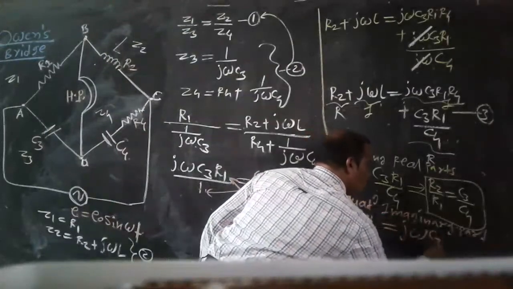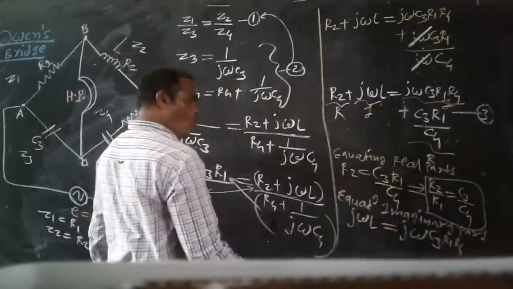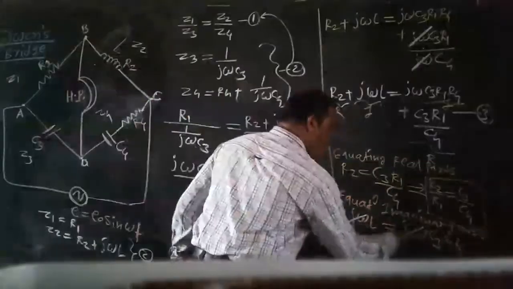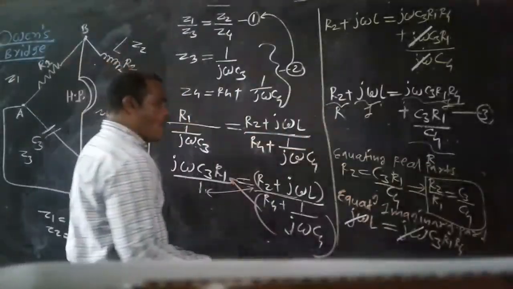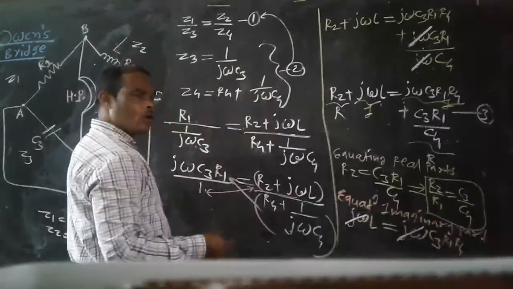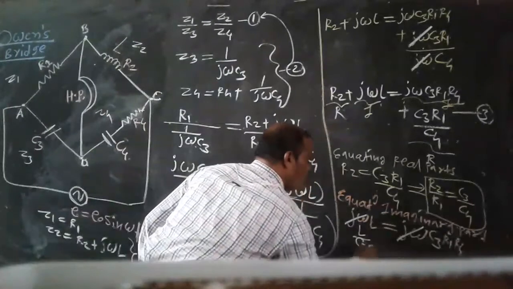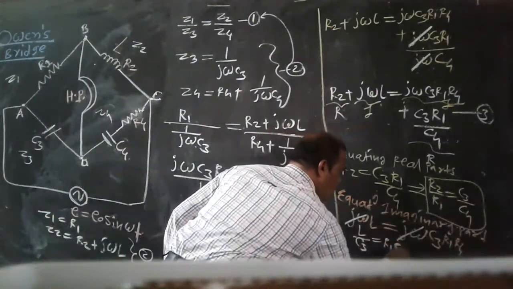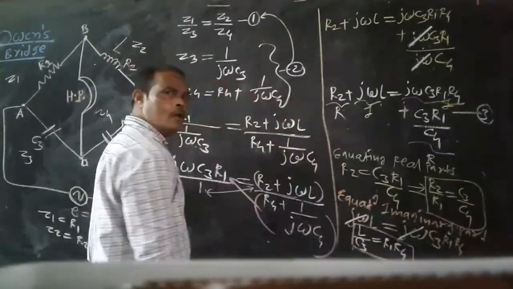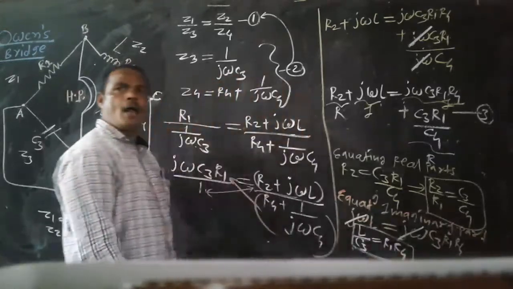This j omega gets cancelled with this j omega, and finally we get L equal to C3 R1 R4. So L upon C3 is equal to R1 into R4. So this is the final formula, that is L upon C3 is equal to R1 R4.